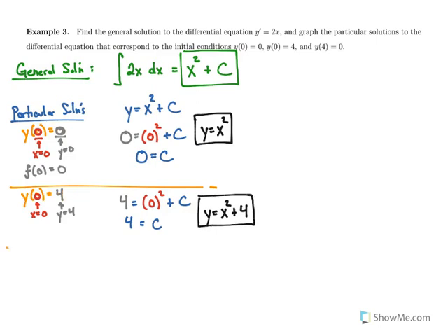One last time. So here in our last one, we have y of 4 equals 0. This is different than the last one. This time we have x is equal to 4. Y is equal to 0.